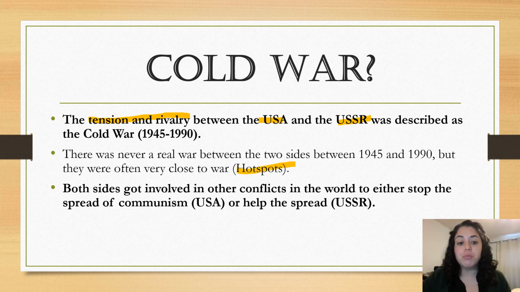Or there's going to be proxy wars, which is like wars fought by other countries or other people on their behalf. And one major thing is that they're going to try to either stop the spread of communism, that's the United States going to try to stop communism, or they're going to want to spread communism, and that's the Soviet Union side.